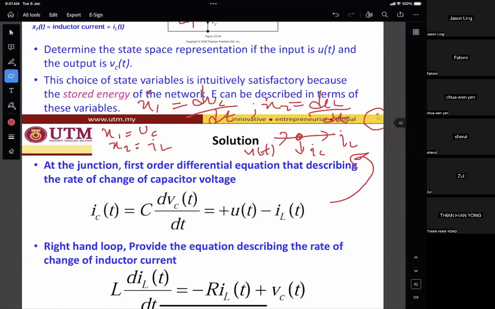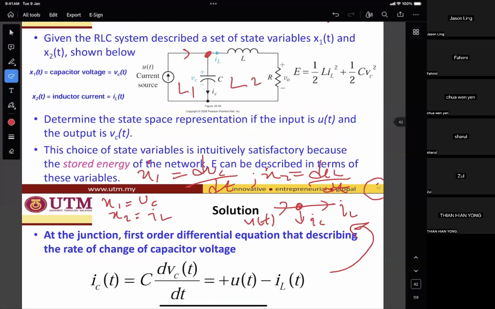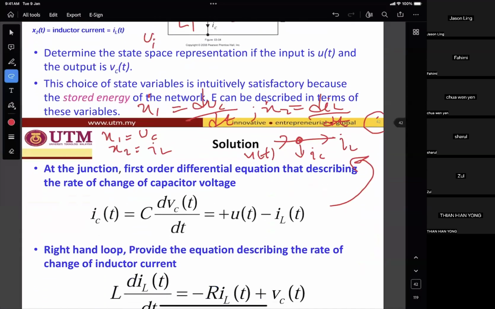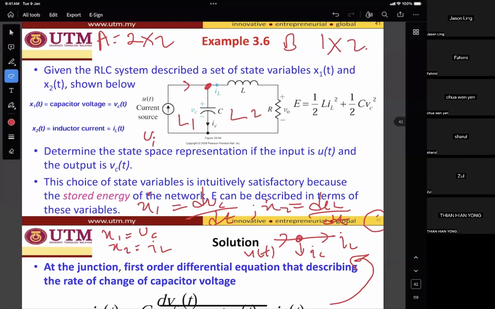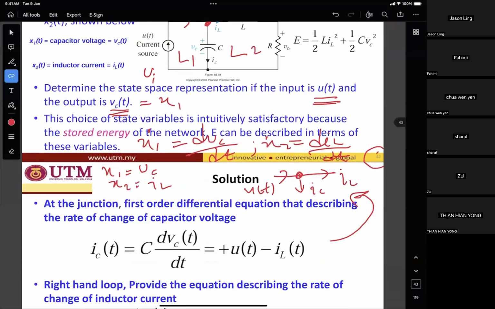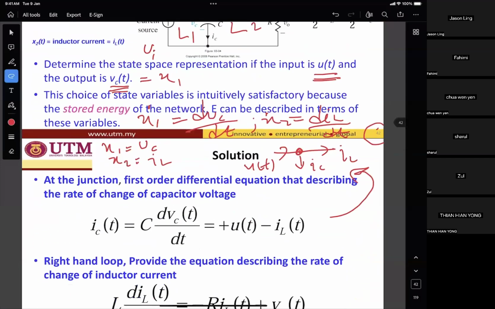we can see that the current source is u(t). Usually we use a voltage source, but now we change to a current source, so it can also be the input of the system. Input is u, output is VC, which is equal to x1. So u is equal to IC plus IL.